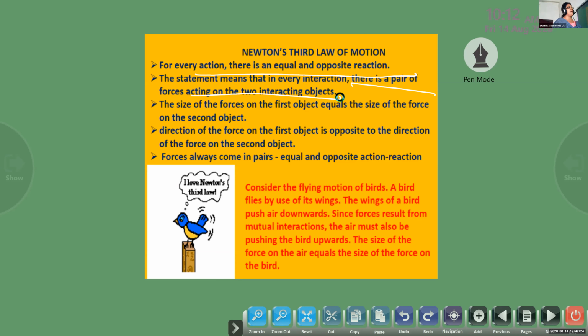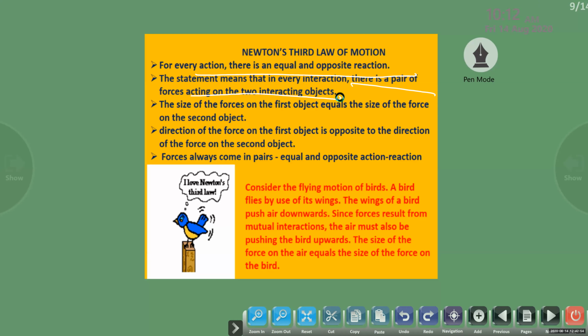Similarly, a person is hitting a 6. The ball is exerting a force on the bat. At the same time, the bat is exerting a force on the ball. So I'm asking Karthik. Karthik, a person hitting a 6, in that, which is the action force and which is the reaction force?